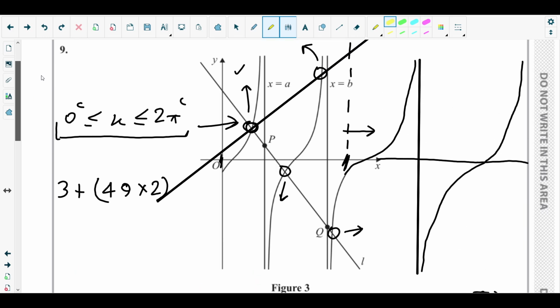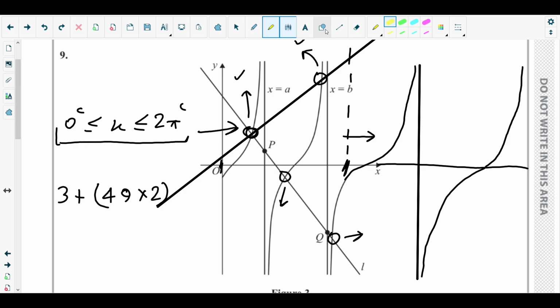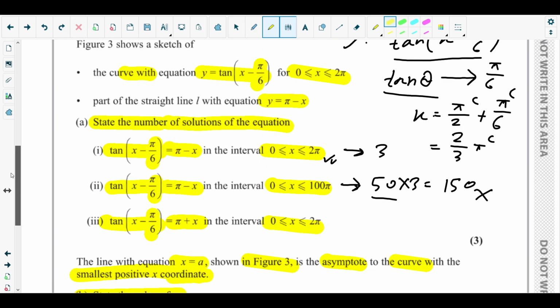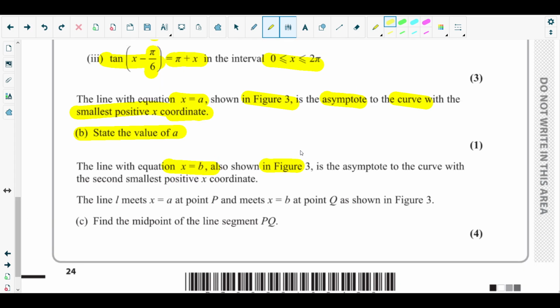That is basically the second asymptote, vertical asymptote on the curve of tan of x minus pi over 6, the asymptote to the curve with the second smallest positive x coordinate. That is the second vertical asymptote. The line L meets x equals a at point P, and meets x equals b at point Q.